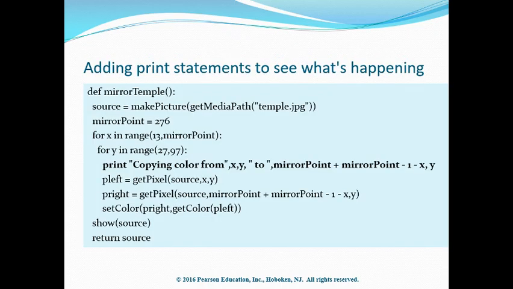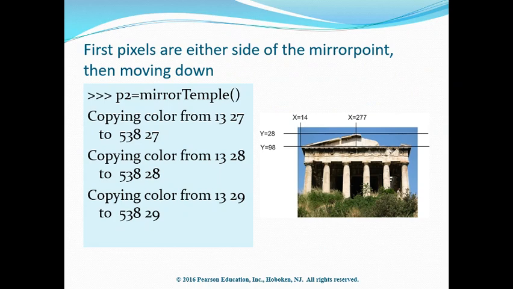So adding print statements to see what's happening. We can add print statements as our function iterates multiple times through the X and Y, the rows and columns of the picture, we can kind of see what's going on. So it helps us understand maybe what point of the program it is.